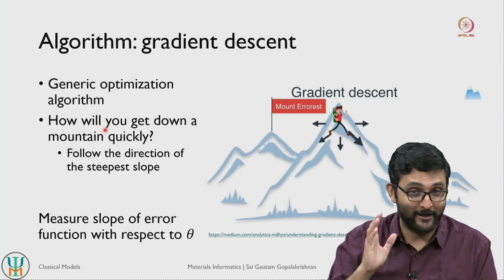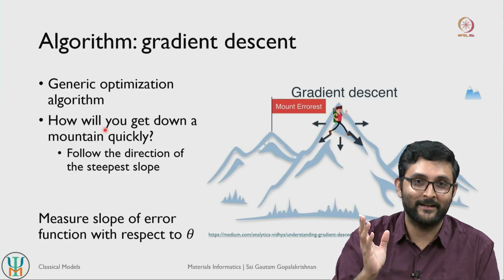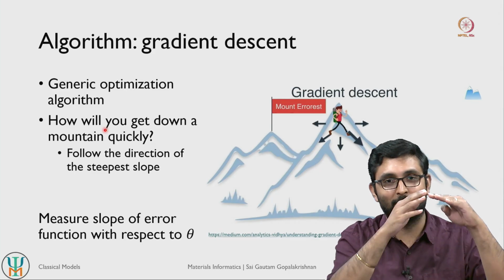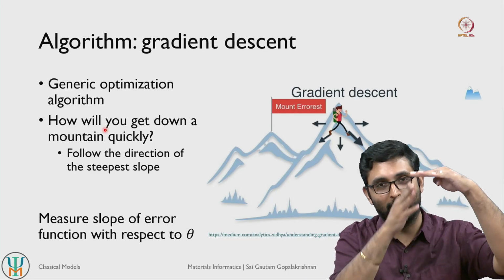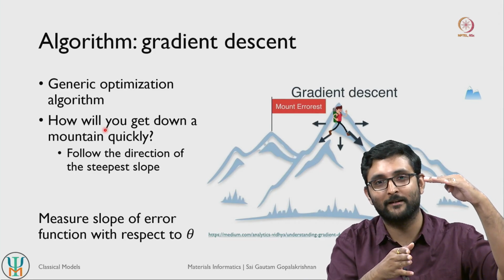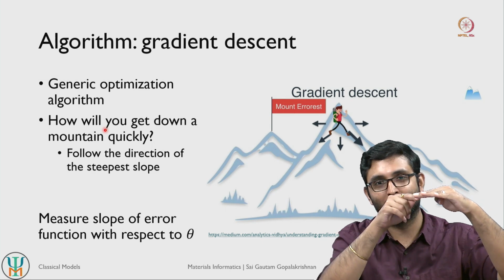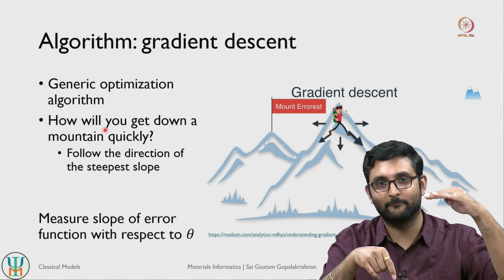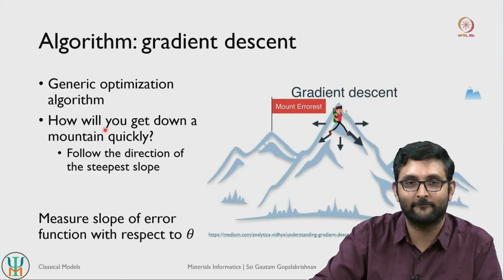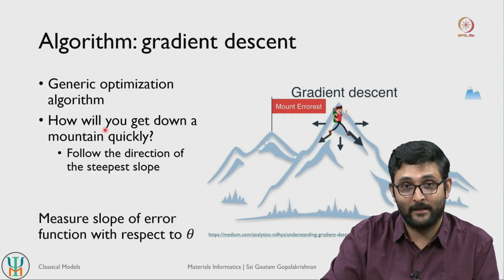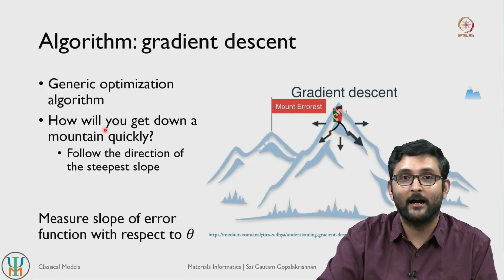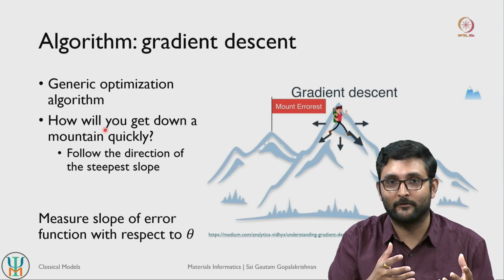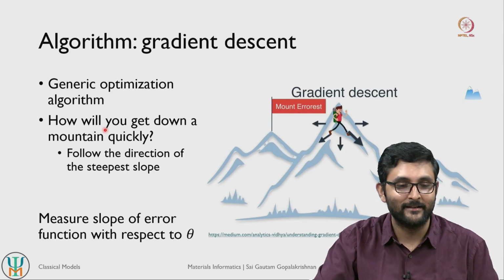Now that may not be the safest way, you could get injured very quickly. Imagine that you have a cliff. The cliff has the steepest slope in a mountain. If you fall off the cliff, you reach the base of the cliff most easily, but you may injure yourself quite heavily. But we are dealing with algorithms here, so algorithms can get injured, so that's okay.